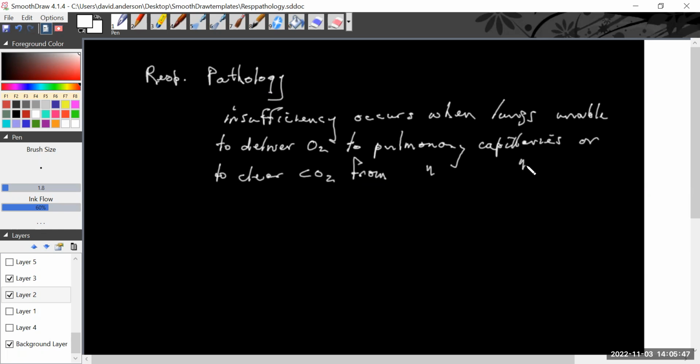So basically that represents an insufficiency. And this failure occurs even after compensation. So that's the trick, right?